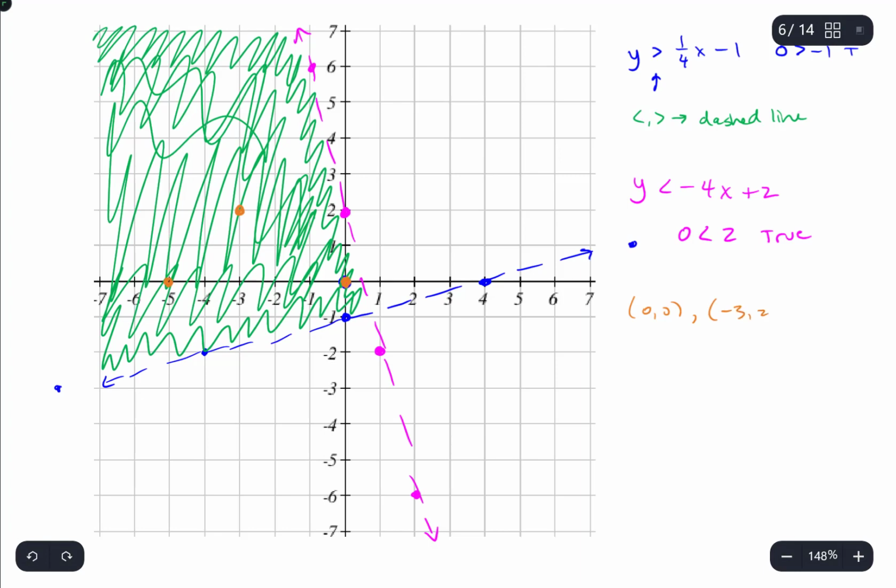What did I pick here? -3, 2, and -5, 0. Just be careful not to put 0, -5, because even though you've identified the point you want, you've given the wrong coordinates. So be careful as you give the coordinates.